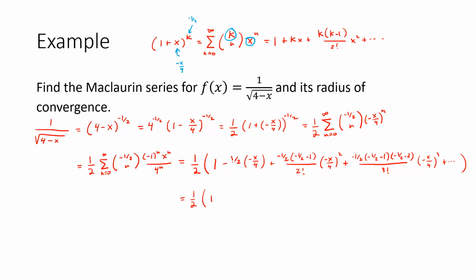So this will be negative 1/2 times negative x over 4, so that'll be plus x over 8. And here we have negative 1/2 times negative 3/2, so that'll be positive 3 over 4, and then divided by 2, over 4, and then here we'll have x squared over 16.